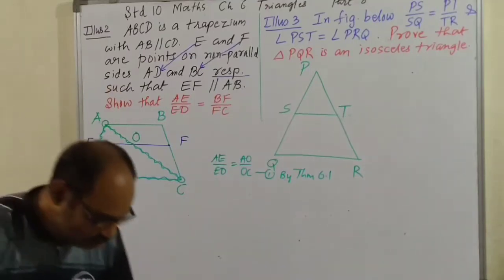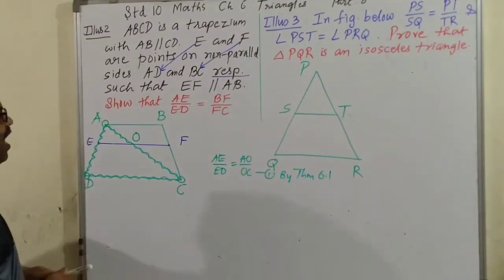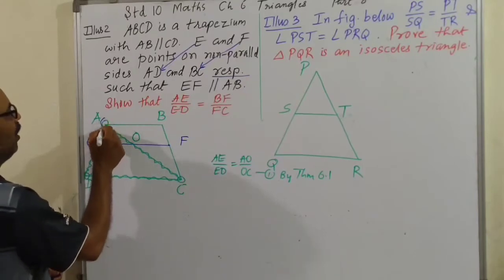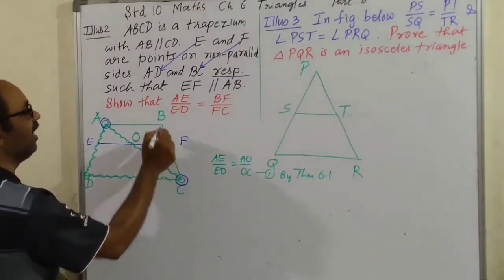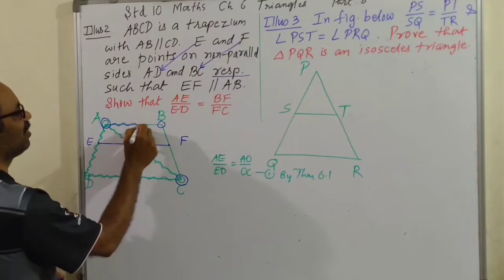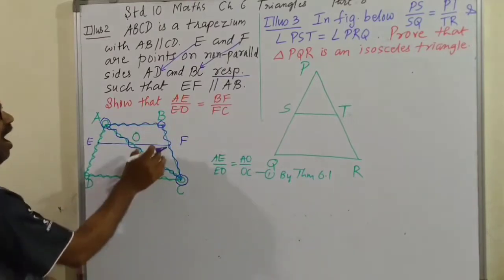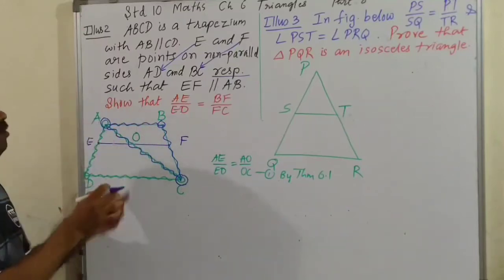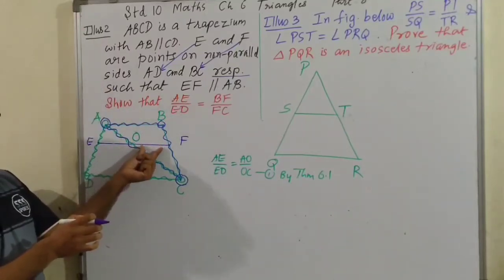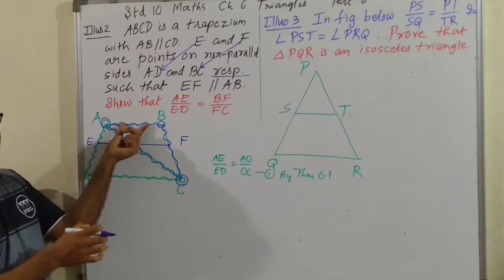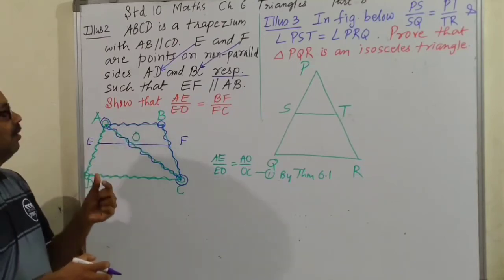Got it, children? Oh, children, there is another triangle ACB. This one, children. वहां भी OF is parallel to AB. उल्टा triangle है. OF is parallel to AB. Correct?